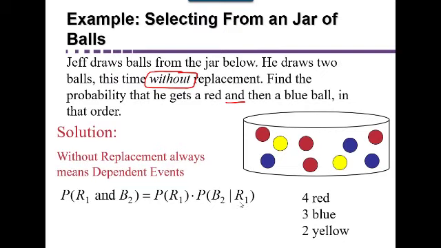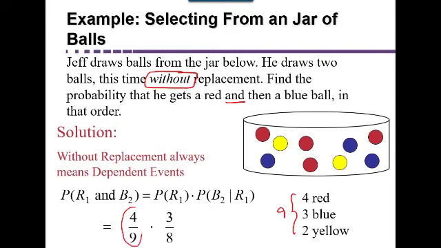Now according to the formula we just saw, you multiply the probability of R1, red on the first draw, times the probability of getting a blue ball on the second draw, given that we know the first one was red.